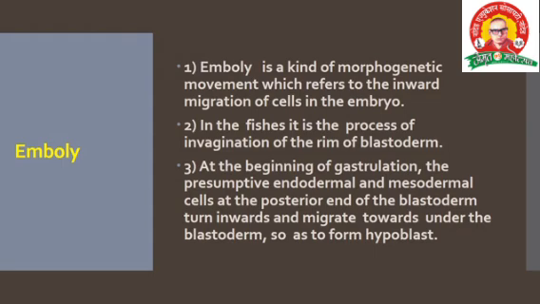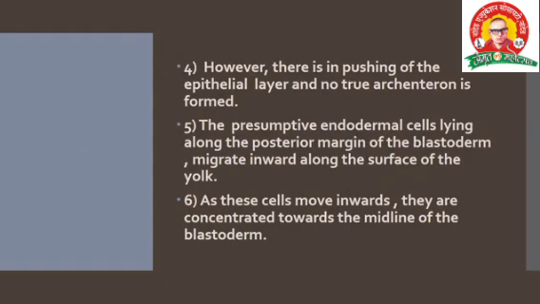At the beginning of gastrulation, the prospective endodermal and mesodermal cells at the posterior end of the blastoderm turn inwards and migrate under the blastoderm so as to form the hypoblast. However, there is only a pushing of the epithelial layer and no true invagination is formed.